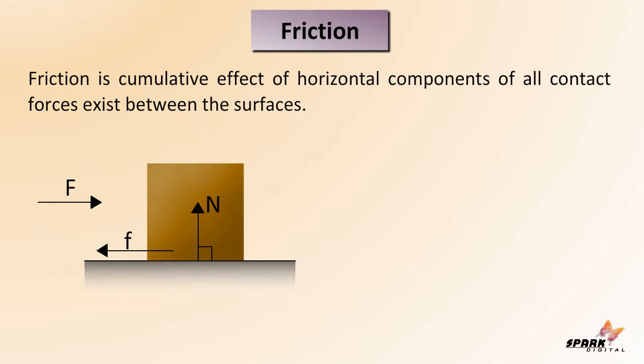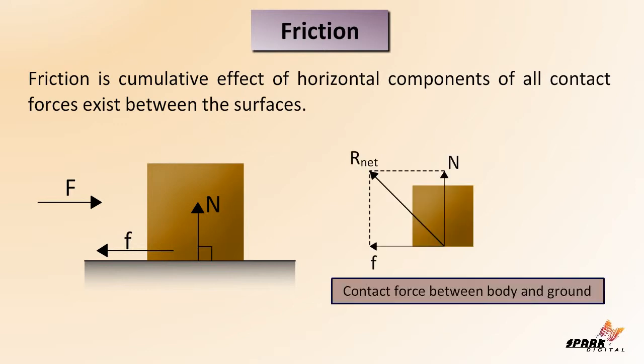So, we can say that the ground applies two forces on the body: normal force and friction force. Both are contact forces. Therefore, the normal reaction is the vertical component of the contact force and the friction is the horizontal component of the contact force.